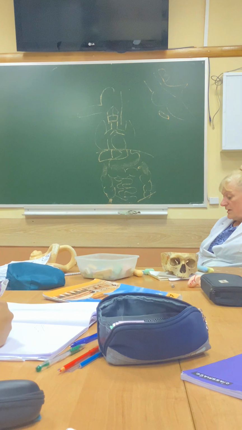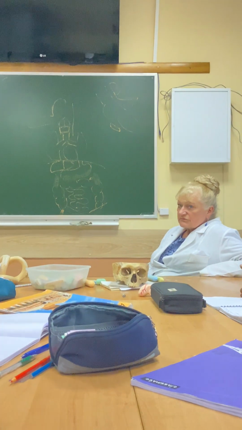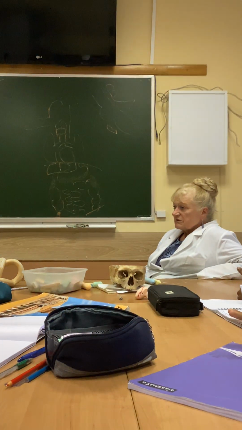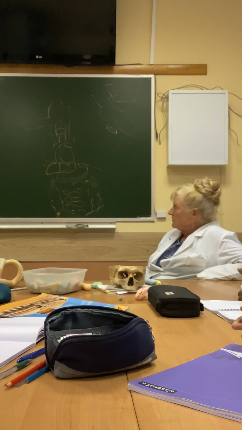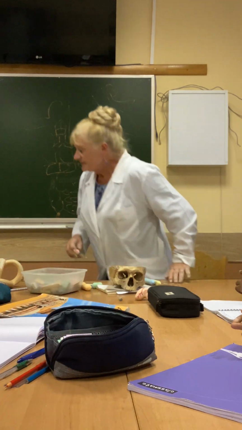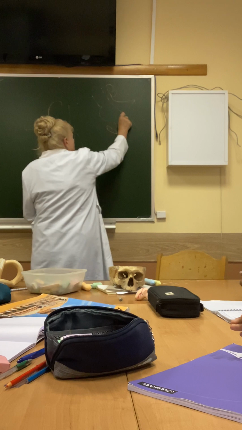If you remember, I told you the vagus nerve developed together with the glossopharyngeal and accessory because it has some of the same nuclei. This will be the ambiguous nucleus.